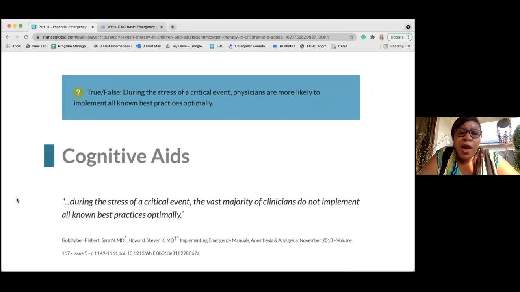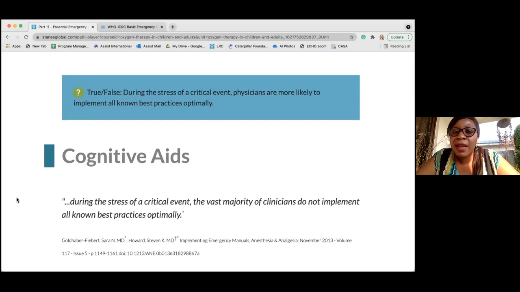So why should we rely on protocols and guidelines? One thing that I found in my own experience, and I'm not sure if it resonates with the participants, is that during the stress of having a critically ill patient, or a critical incident, a lot of us clinicians are more likely to make mistakes. You may not remember your formulas well. You may not remember your drug doses well.